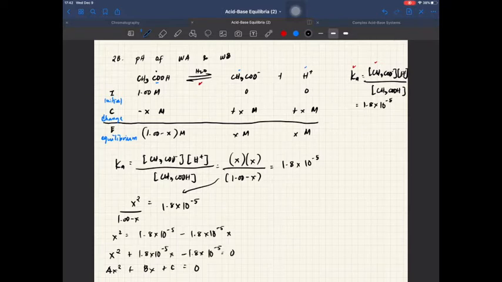Okay, so now we have an expression that is equal to ax squared plus bx plus c. In order to evaluate the value of x, we can use the quadratic formula, which is x is equal to negative b plus or minus the square root of b squared minus 4ac, over 2a. But this one is too tedious, so let's just use an online quadratic formula calculator.